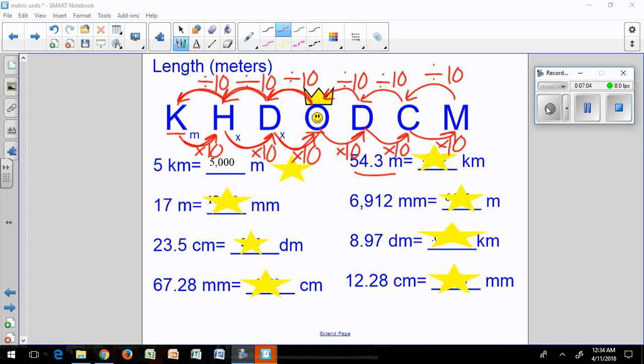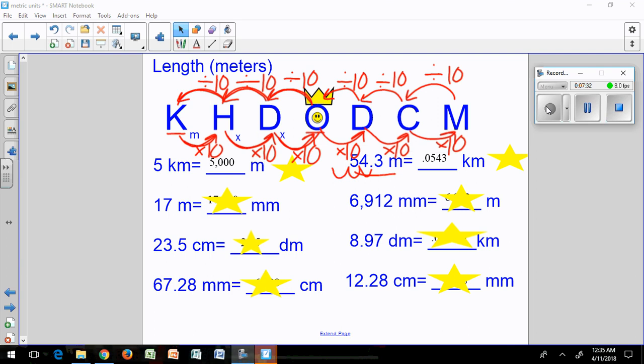But what's easy about that, if you remember, is we just have to move that decimal point to the, say it with me now, left. 1, 2, 3 times. So 54 3/10 meters turns into 543 10,000ths of a kilometer.